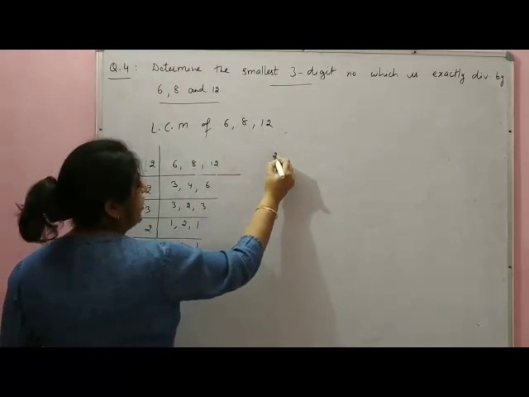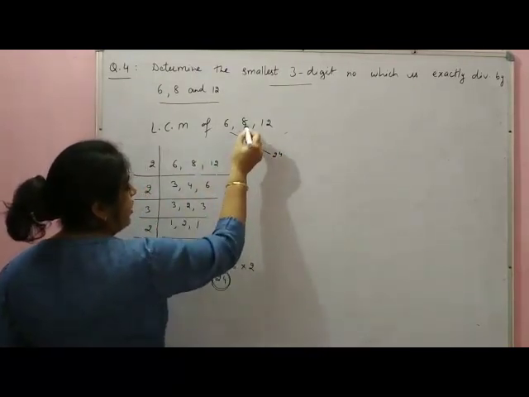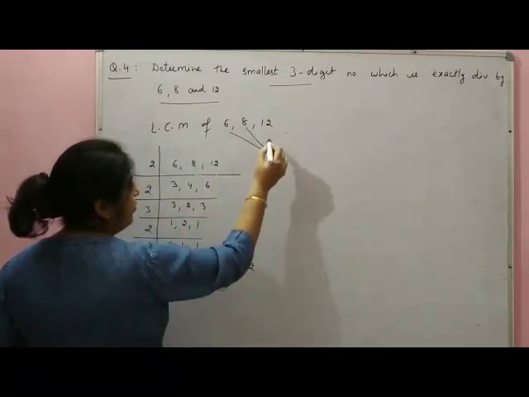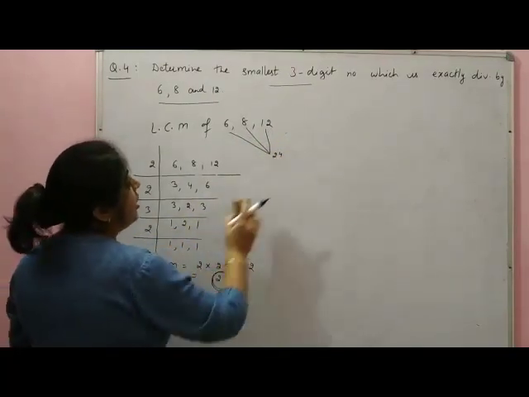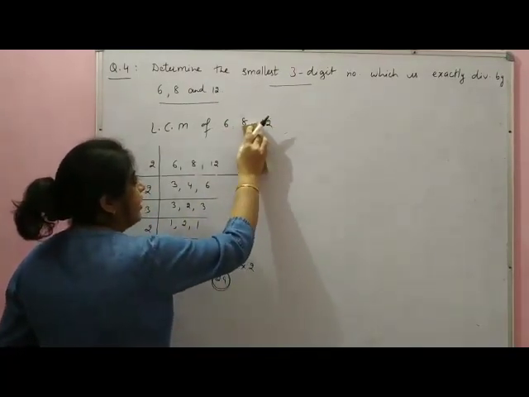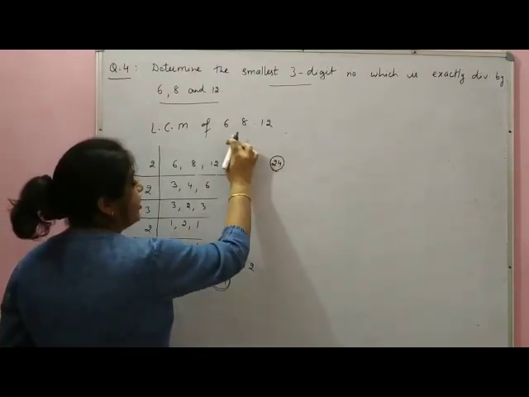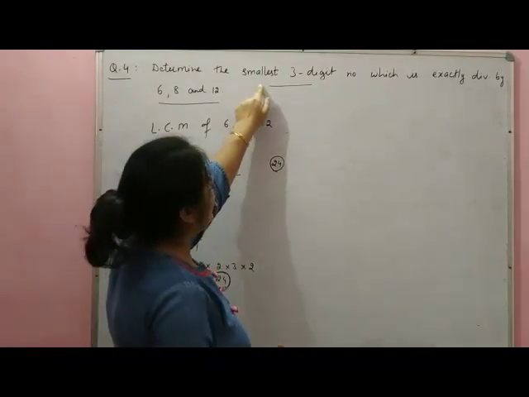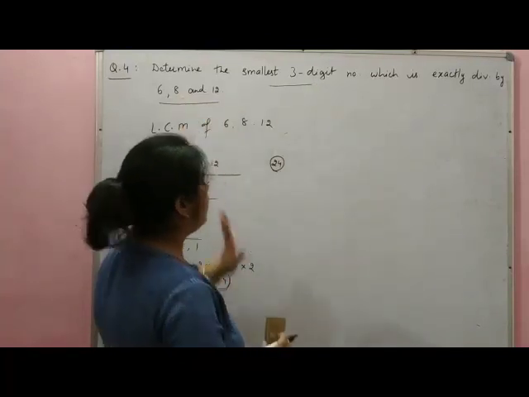You can observe 24 is divisible by 6, 6 4s are 24; divisible by 8, 8 3s are 24; also divisible by 12, 12 2s are 24. It means 24 is the least common multiple which is divisible by all 3 numbers. But we have to find the smallest 3-digit number divisible by all 3 numbers.